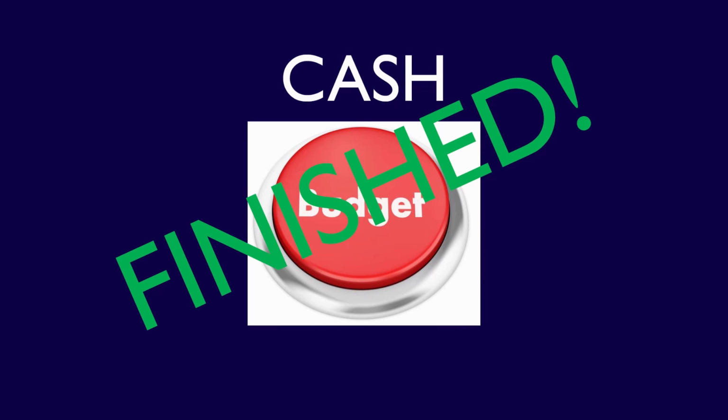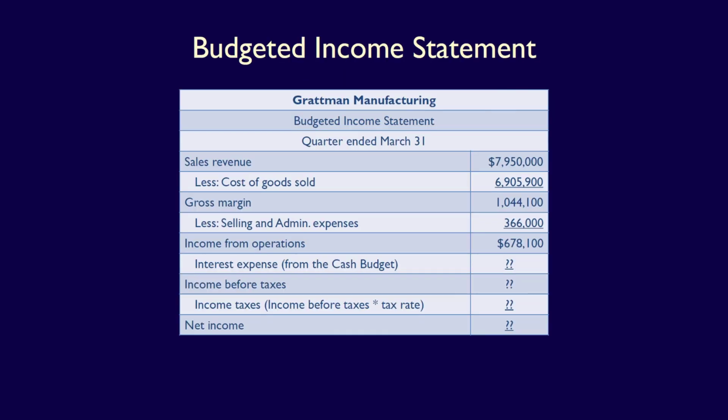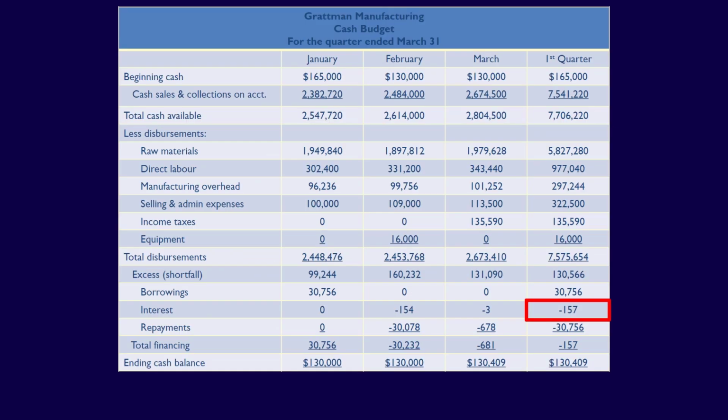However, we have not yet finished this video. That's because we now have to revisit the budgeted income statement. Why? We need the interest expense from the cash budget in order to determine the income before taxes. Remember that the budgeted income statement was for the quarter, so we need the interest paid for the quarter, which is $157. This is an outflow, which is why it's a negative on the cash budget.